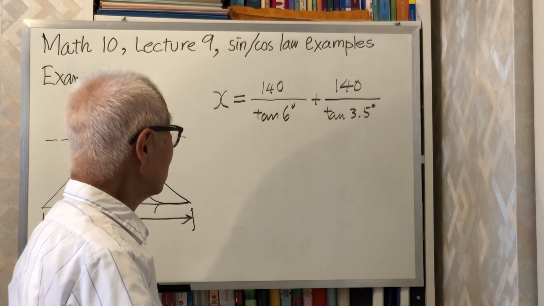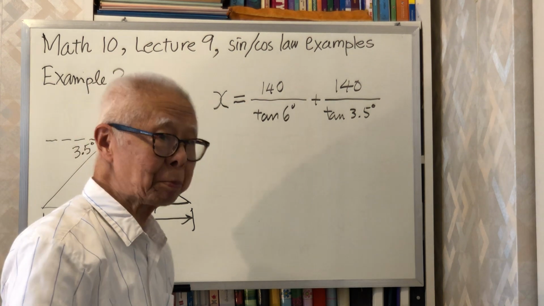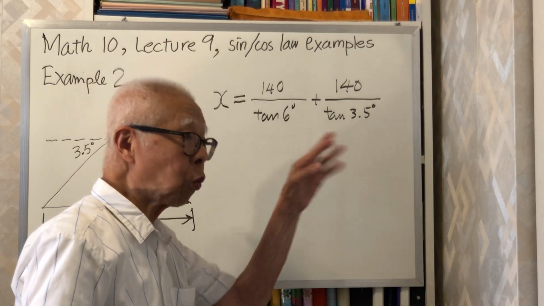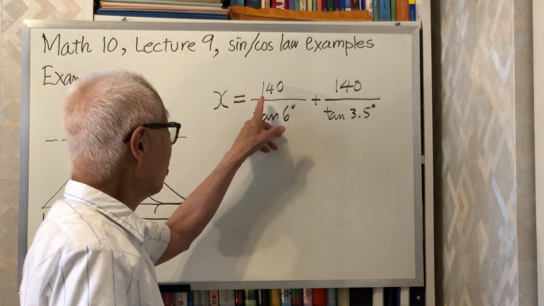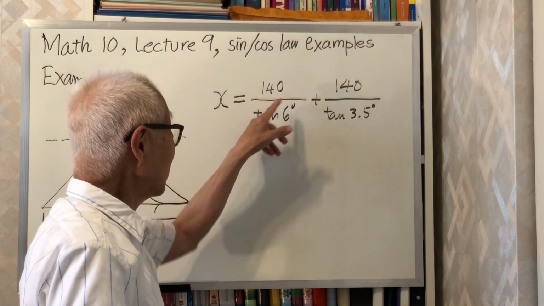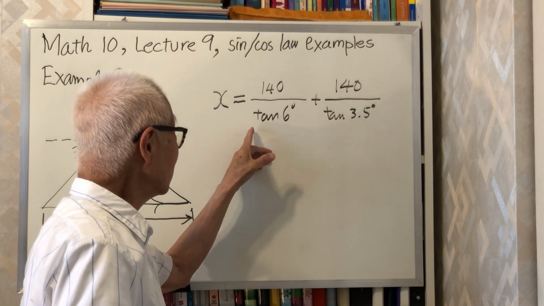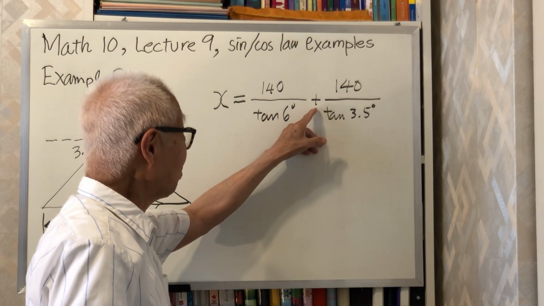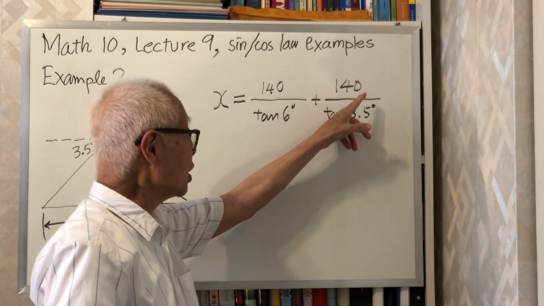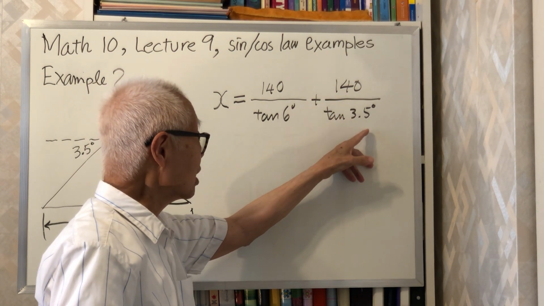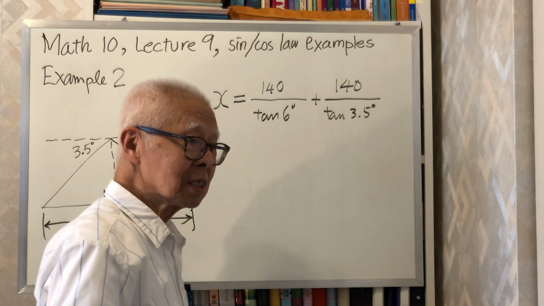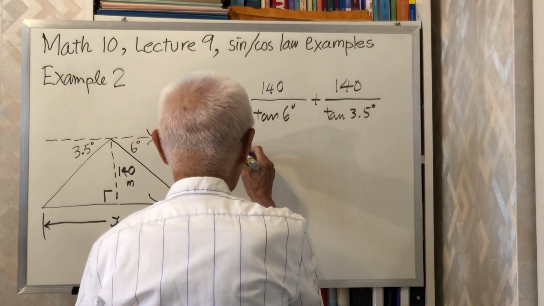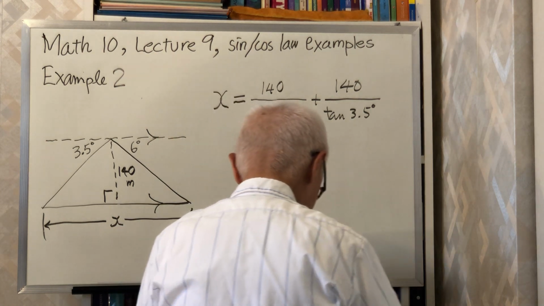Now once you have this, it is so simple. Use your calculator to do this in one step. You enter 140, divide, tangent 6, then plus, 140, tangent 3.5, and press the equal sign. You get the answer right away.